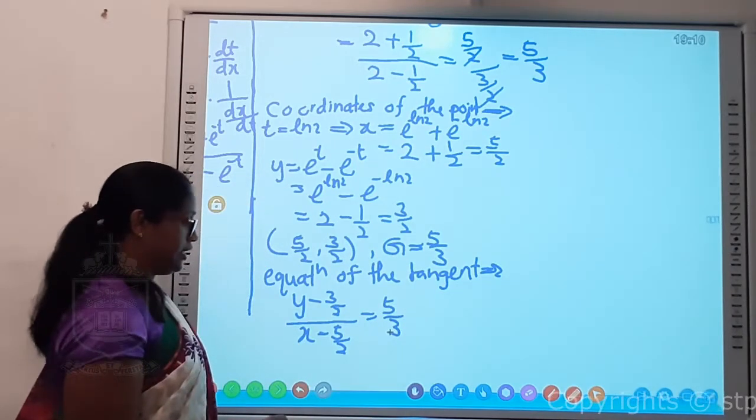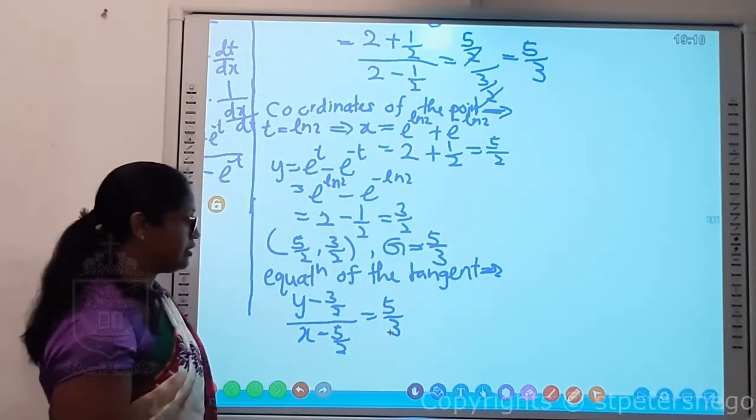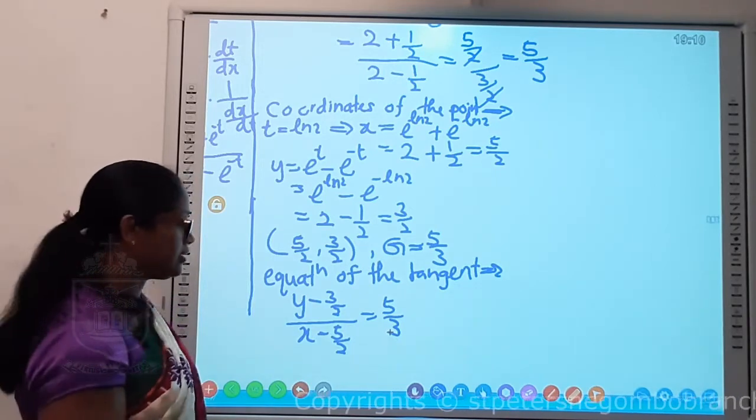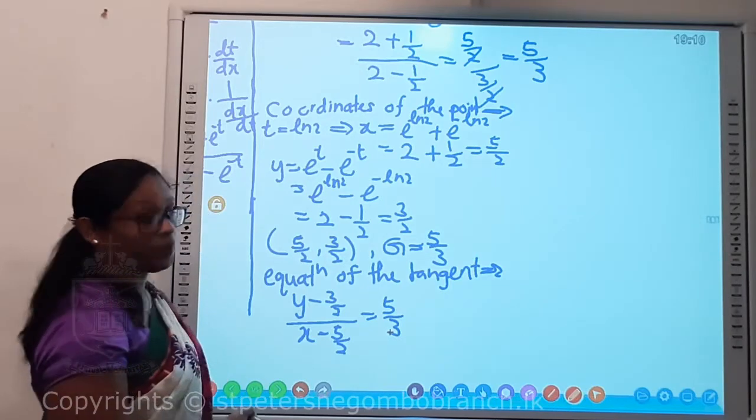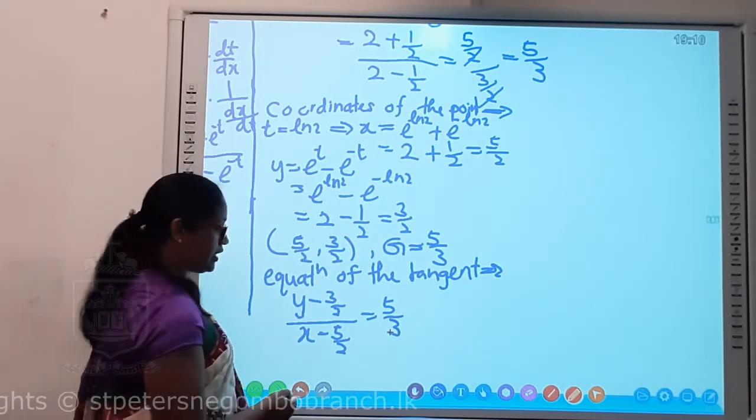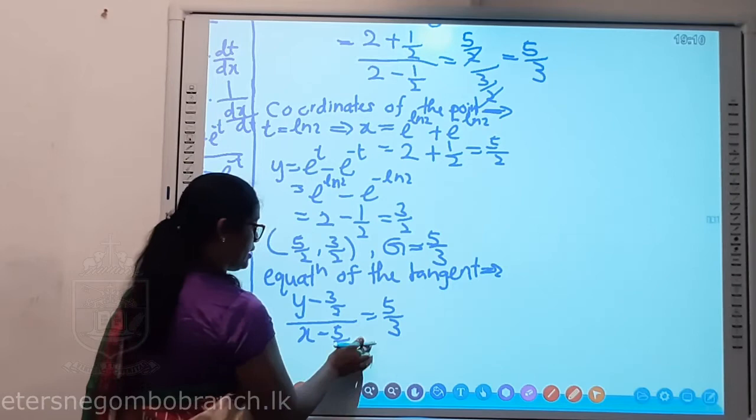Right, now this is the equation. Now we can apply the cross multiplication and just arrange. There is a proof; we want to reach the equation which is in the question. So I apply the cross multiplication here.